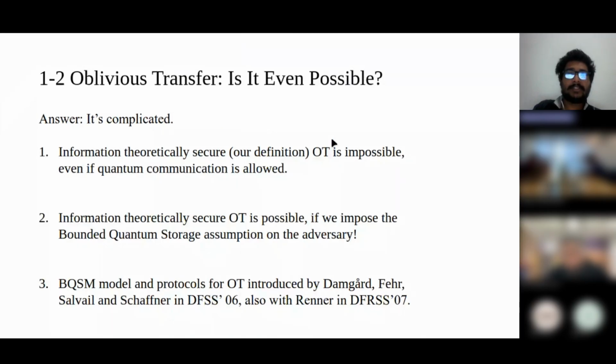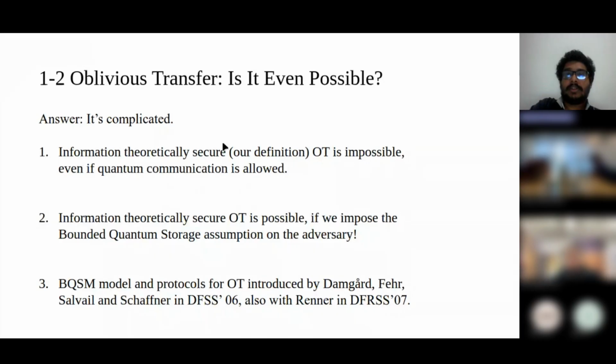So information theoretically secure OT is not really possible, and this is actually kind of surprising because there are other things which are possible when you have quantum resources which are not classically possible. For example, key expansion like QKD, or rather I should say QKE, but we have all at least heard of the BB84 protocol, and BB84 is an unconditionally secure key expansion protocol.